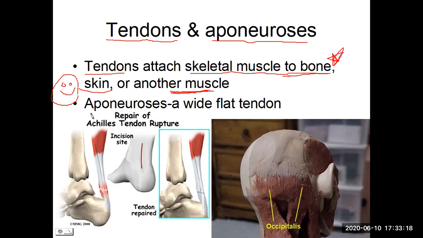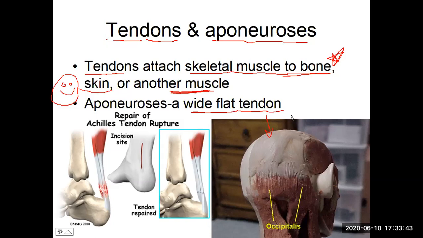An aponeurosis now, this is truly just a distinct shape of tendon, and that's what you see here on this little clay model figure. It's simply a very broad, flat tendinous sheath, such as the one that we have here on the superior portion of the cranium. This would be known as the galea aponeurotica.